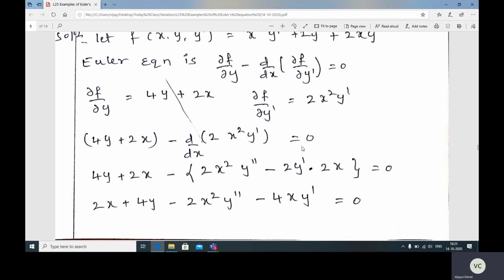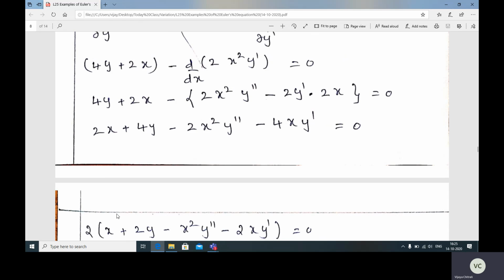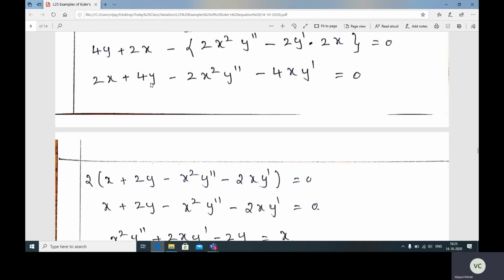You need to apply the product rule here. So 2x² as it is, differentiation of y' is y'', plus 2y' as it is, differentiation of x² is 2x. So simplify this. We'll get 2x plus 4y minus 2x²y'' minus 4xy', this is equal to 0.